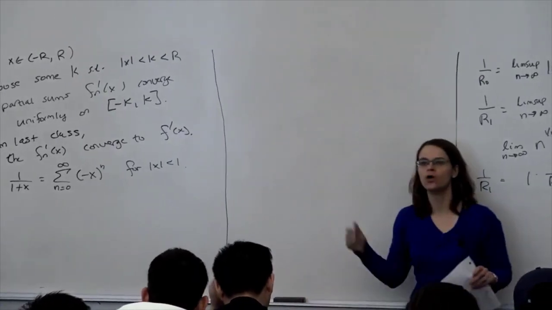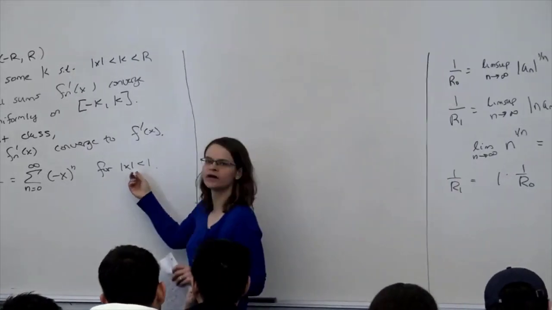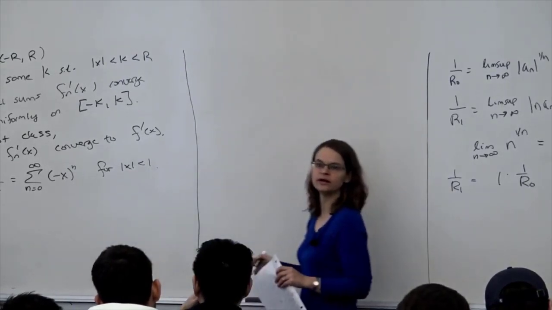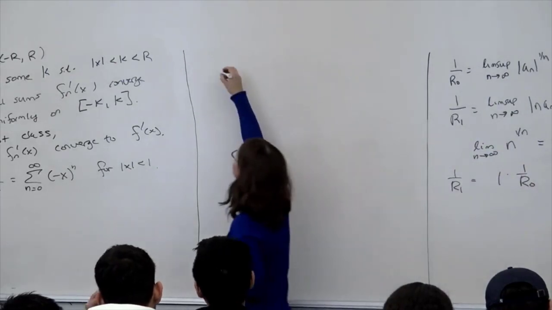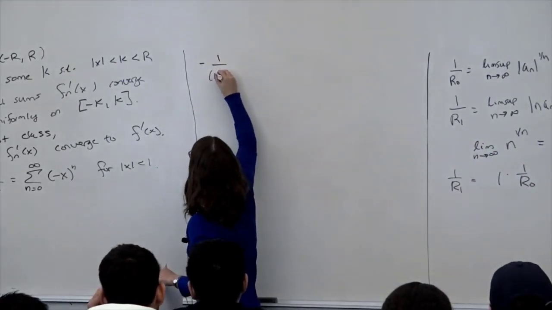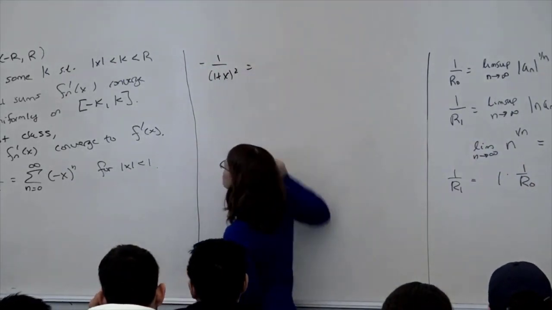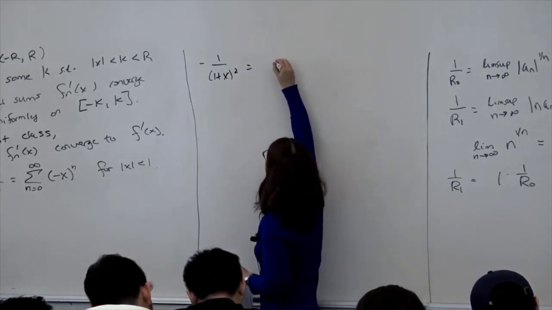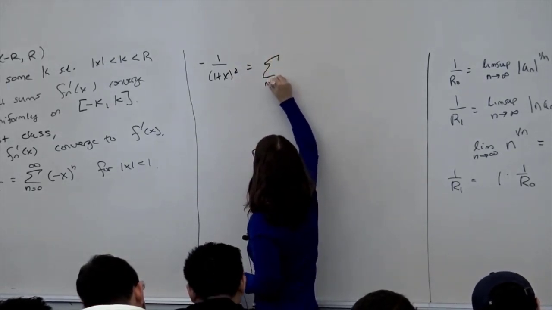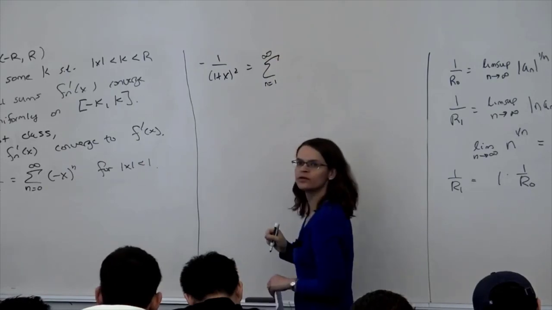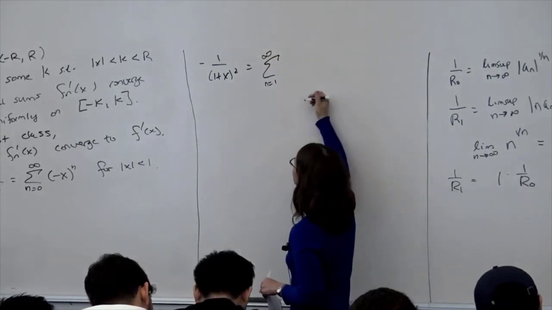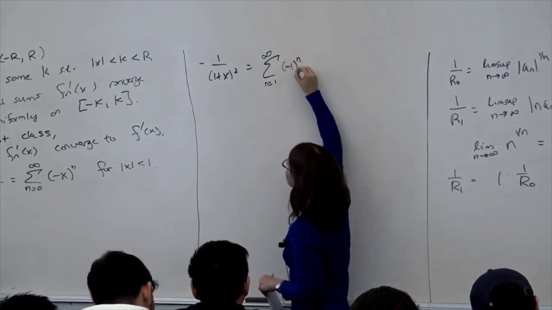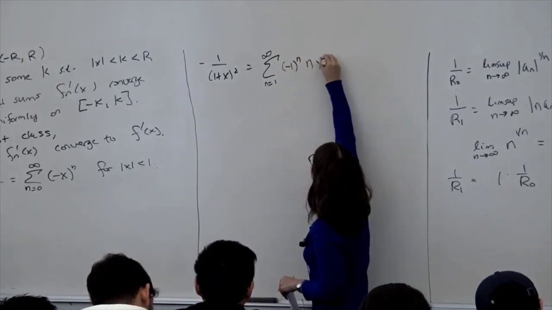Okay, so since we know this converges for x less than 1, our radius of convergence is 1 here. Then, without any more work, I can say, great, let's take derivatives of both sides. Okay, and I can be confident that these series will agree with each other. Okay, so I have a minus 1 to the n, bring down the n, and then an x to the n minus 1.